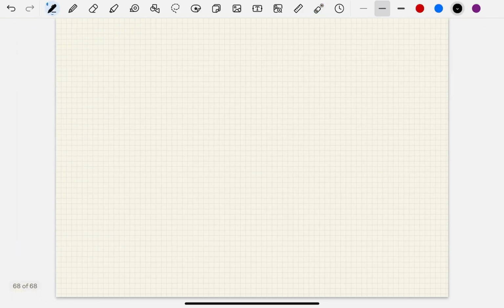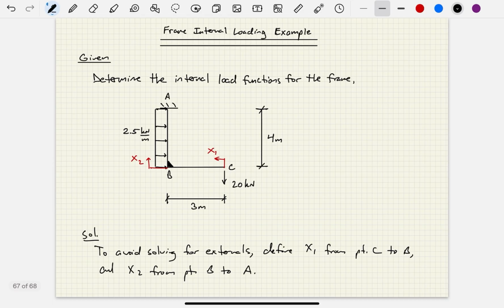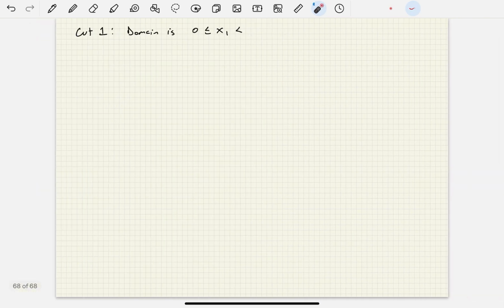I'm going to turn the page here, and I'm going to say cut 1, and the domain is 0 to x1 up to what? What's the domain of x1? It's going to be 0 here, and it's going to extend all the way to point B, but just barely not including point B. So that's going to be 3 meters.